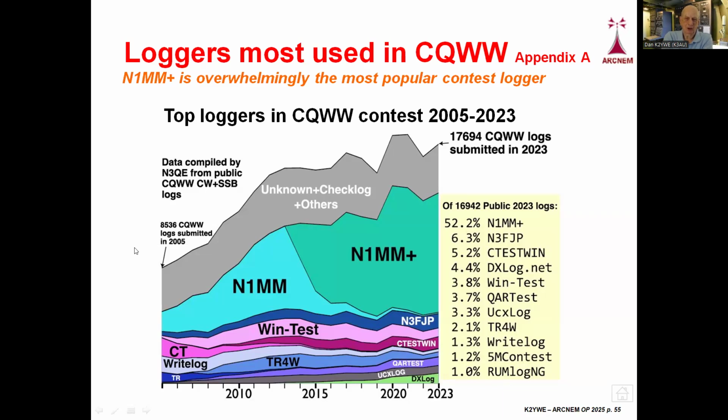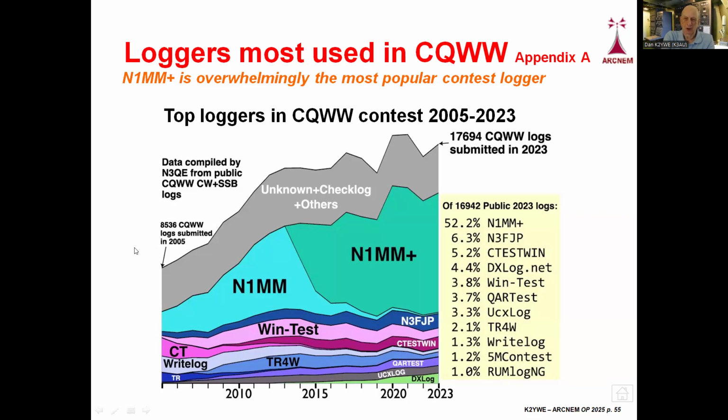These are contest loggers, and he surveyed a whole bunch of sources of contest loggers. Because in the Cabrillo file, the header contains the name of the software that created the file, it's really easy to track what loggers were used. You don't have to survey anybody.